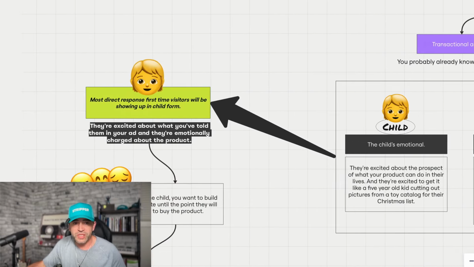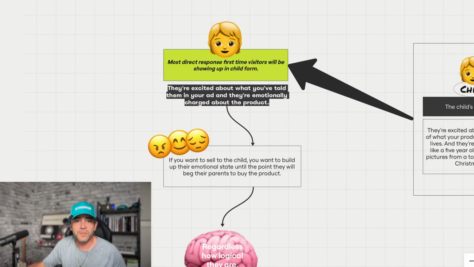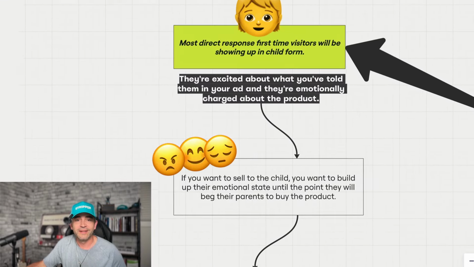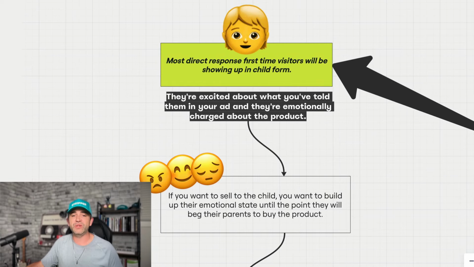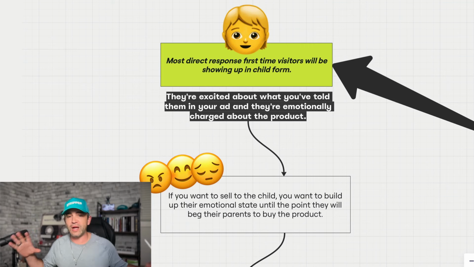But now that we have given you the outline on that, let's jump into what we're going to be doing. So typically, if you're using Facebook ads, you're probably using some form of direct response advertising. If they're not most aware, the bottom of the funnel where they're just looking for deals, chances are your cold traffic is generally going to come in child form.